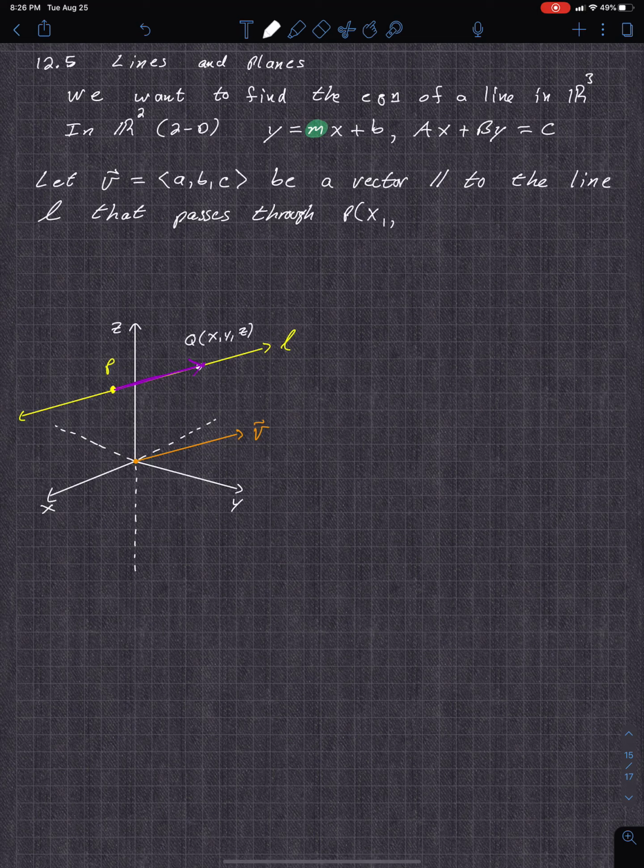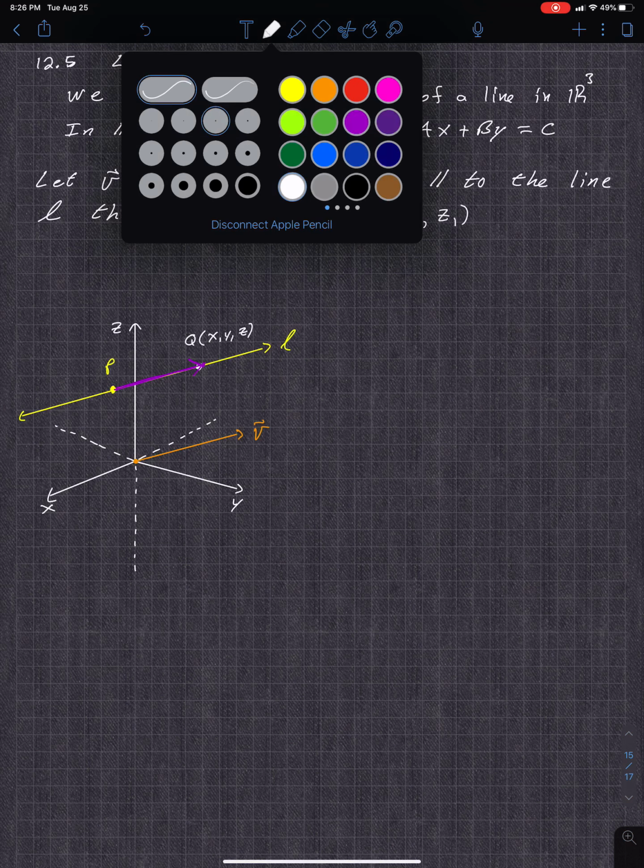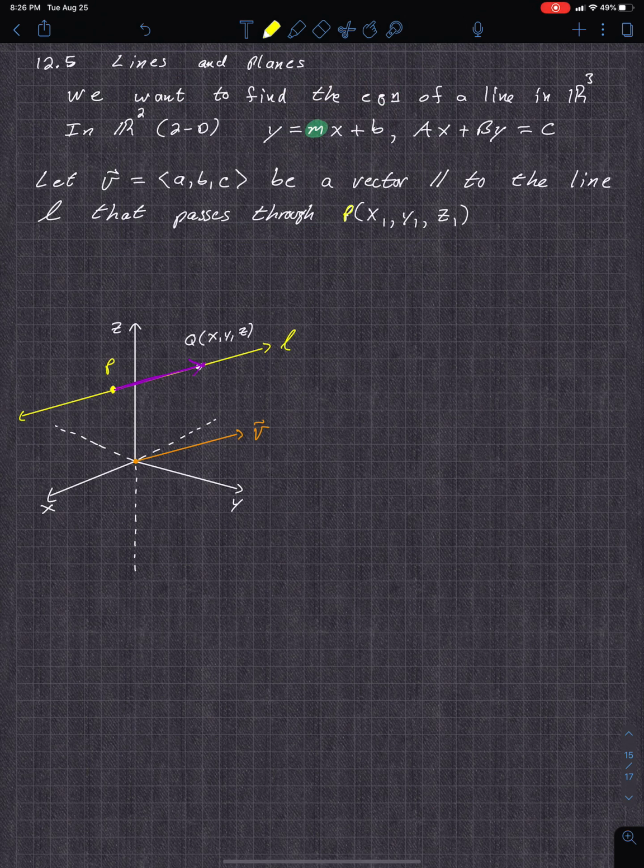That point is x1, y1, z1. Okay, so that point is here. So that's the point that I drew right there in yellow. So this point P is your specified point. And if you have a direction and a specified point in space, then that's all you need to define a unique line.